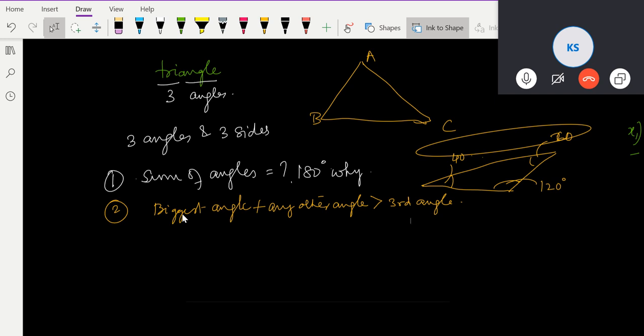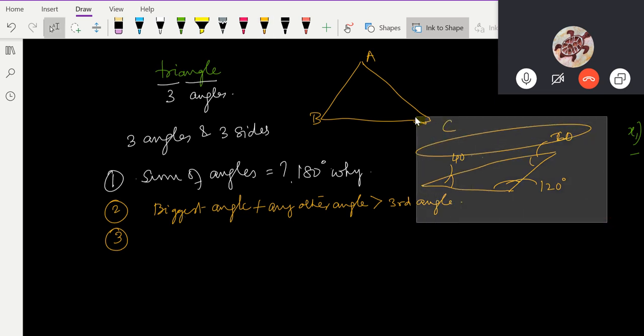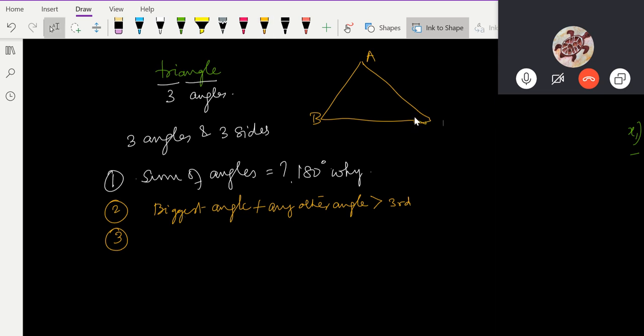What is the third important property? Can I draw a triangle of sides 10 centimeter, 6 centimeter, and 4 centimeter?